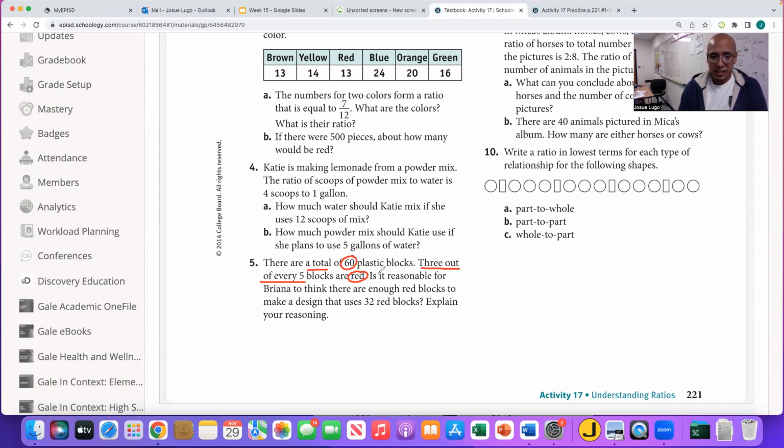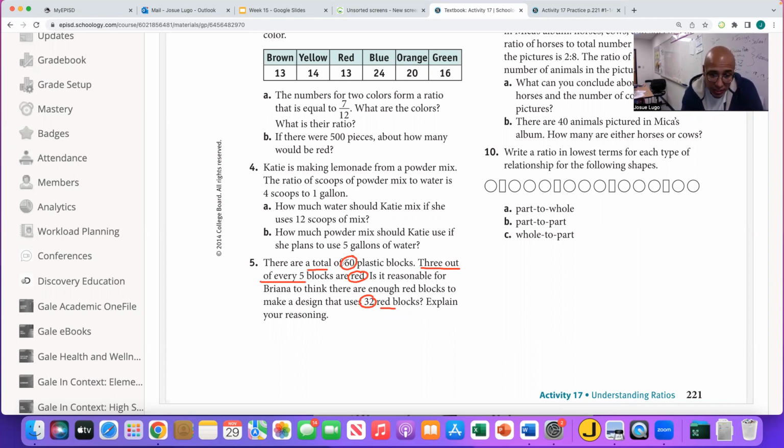Now the question is asking, is it reasonable for Brianna to think that there's enough red blocks to make a design that uses 32 red blocks? In other words, does she have enough red blocks to make a design that requires 32? So she needs at least 32.